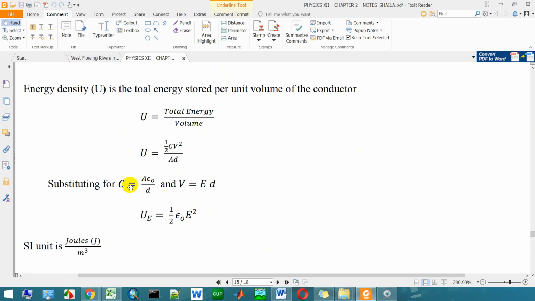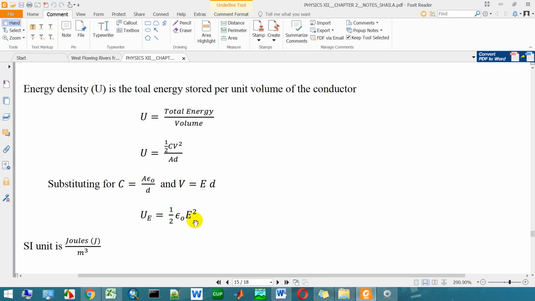capacitance between the two plates when the plates are separated by a vacuum or air is given by A epsilon naught by D, and V is E into D. Substituting for C and V in this equation, we get it as half epsilon naught E squared.